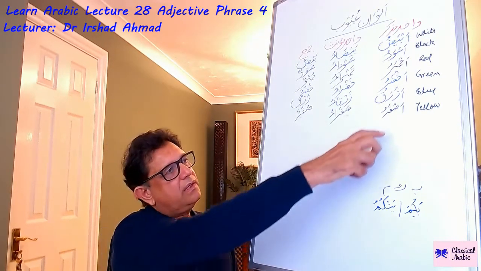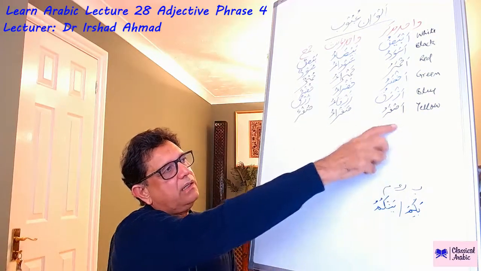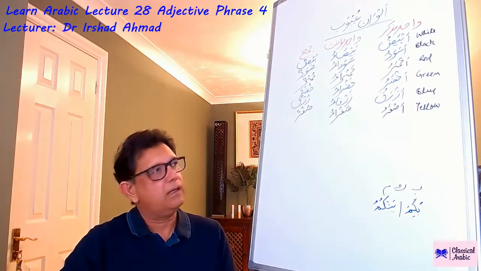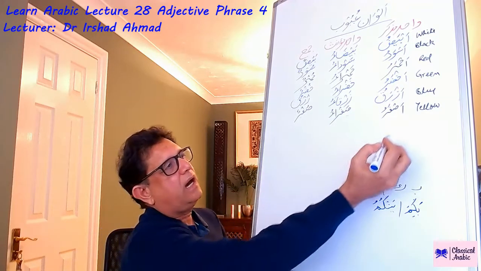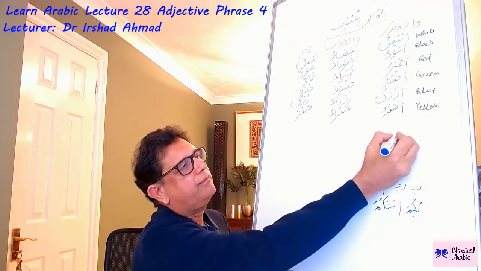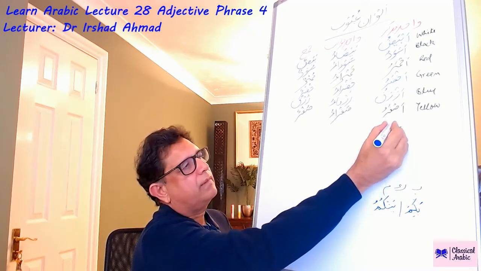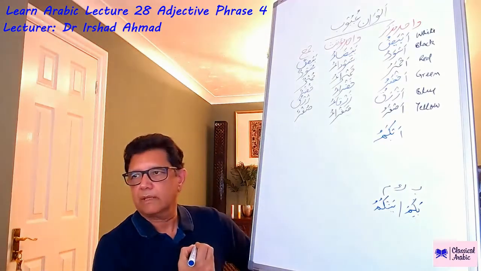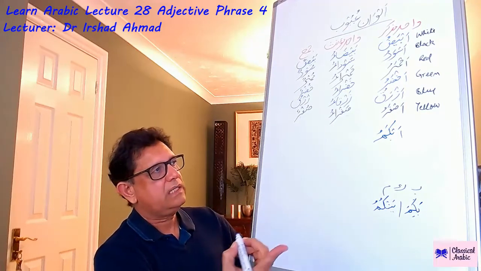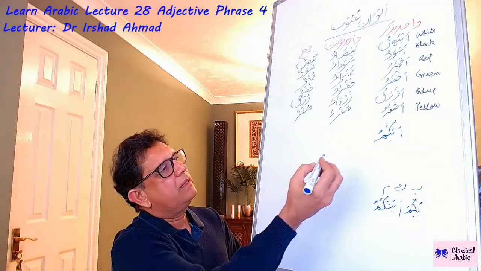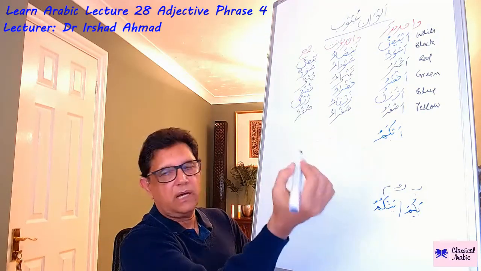If we put this root in here, we will get abkamu, a man who cannot speak, who is dumb basically.